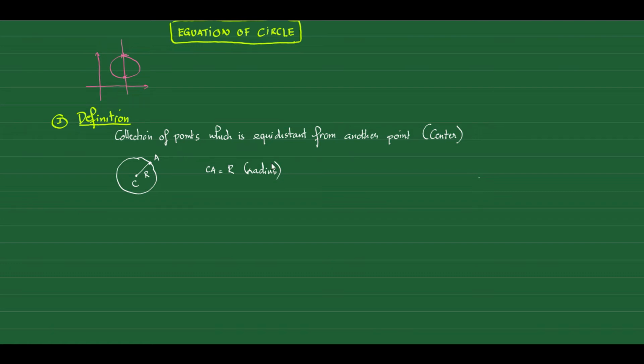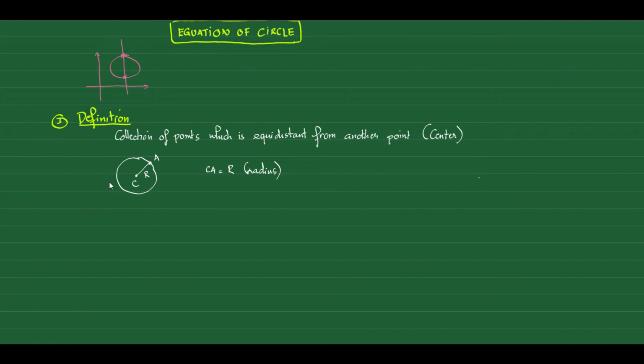Okay. And of course, the whole thing will be the diameter. Yes, definitely. Okay, and it totally makes sense because the equation of a circle can be used to represent a circle.